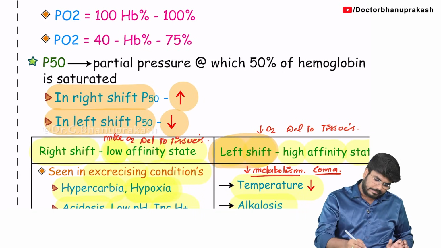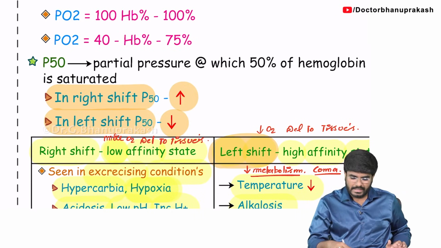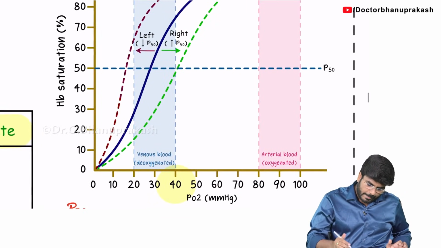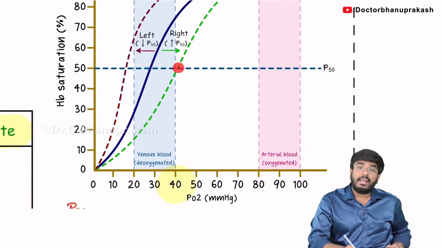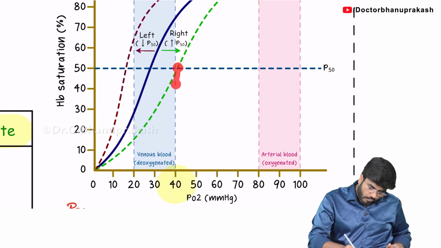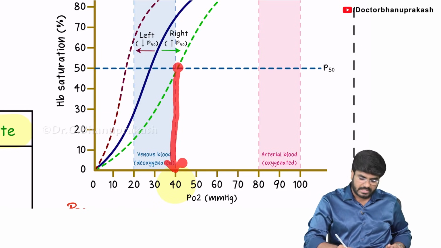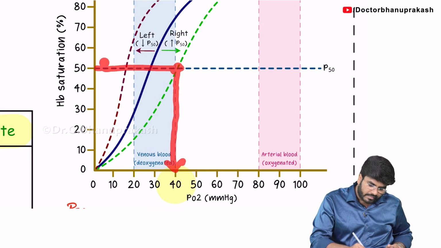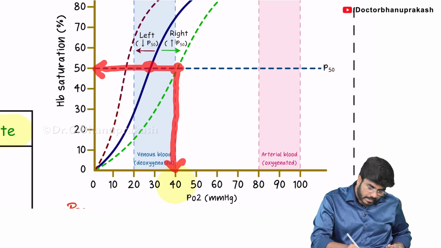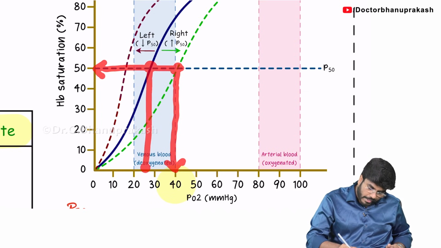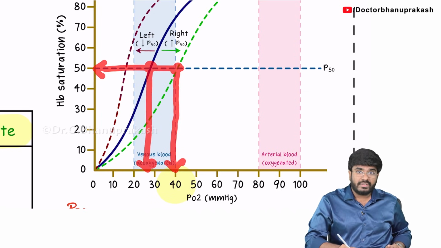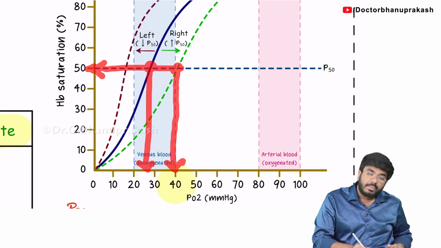So what is the understanding here? In a right shifted curve, at 40 mmHg itself, hemoglobin becomes 50% saturated. But in a normal person, you have to decrease the partial pressure to 27, and only then is hemoglobin 50% saturated.